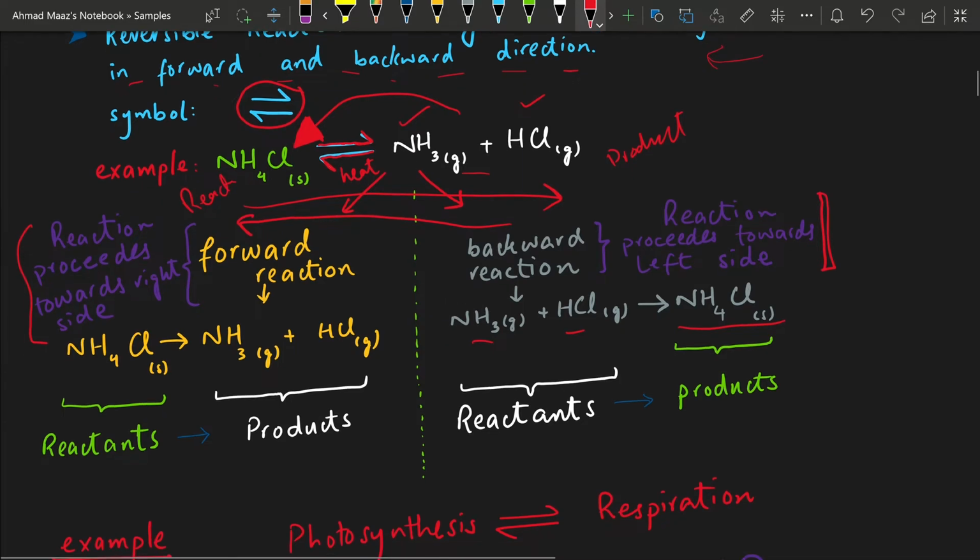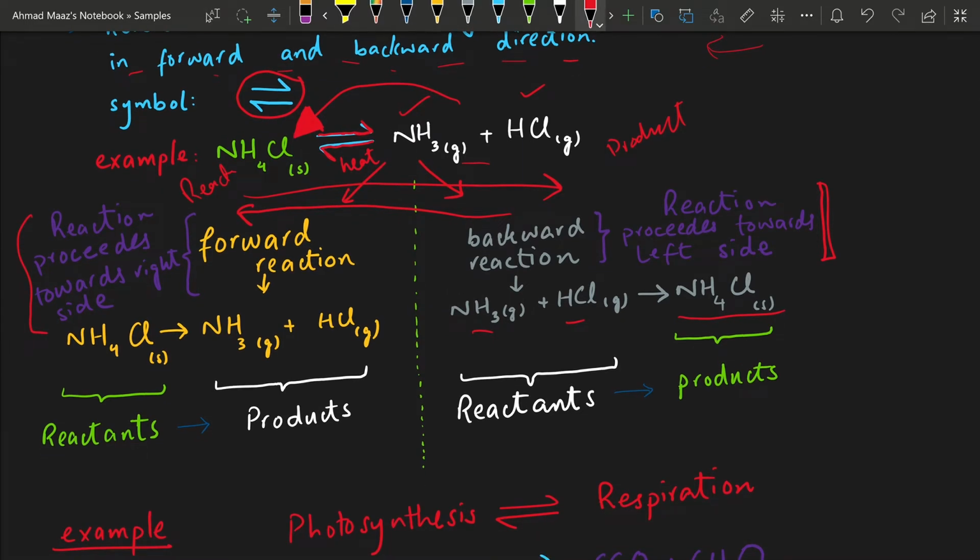So the reactants for the forward direction are ammonium chloride, and the products for the forward direction are ammonia and HCl, whereas the reactants for the backward reaction are the products of the forward reaction. Ammonia and HCl were the products in the forward reaction, and now they become the reactants in the backward reaction, because it proceeds to the left hand side.